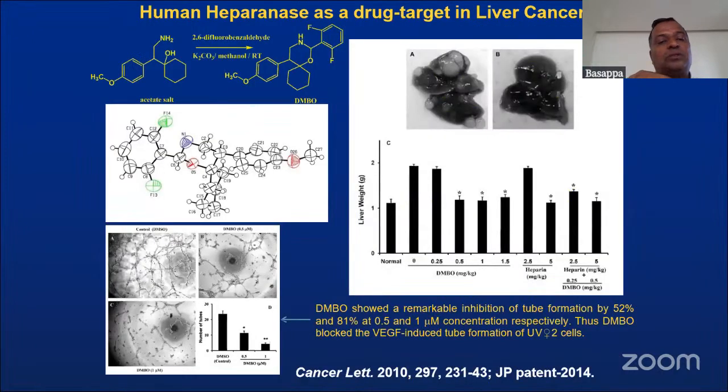Overall, what I would like to summarize in this slide is that very long back we reported this in Cancer Letters, and as I mentioned, a Japan patent was granted, and the crystal structure was deposited at the Cambridge Crystallographic Center.